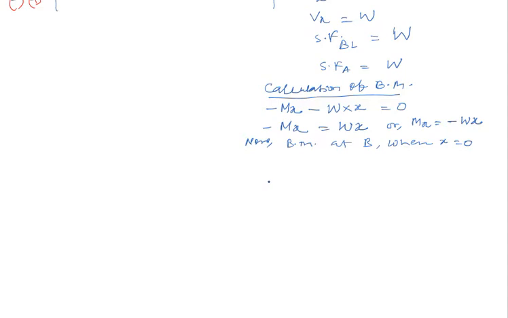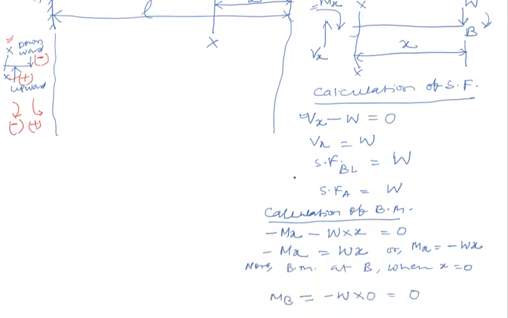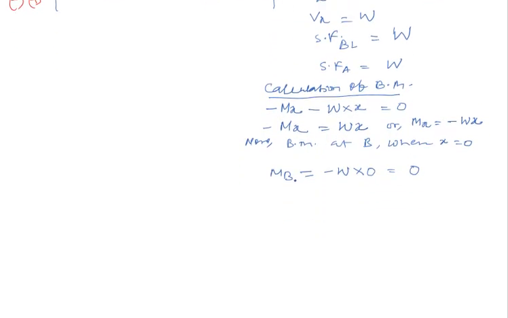So what will be the bending moment? MB is equal to minus W into x, is equal to 0, because x is 0, so it will be 0. So we got the bending moment at point B, that is 0.